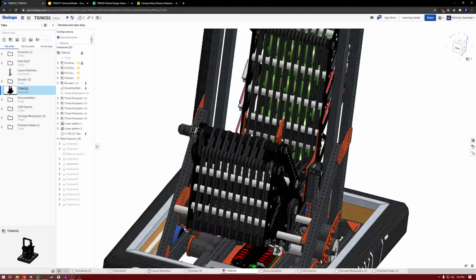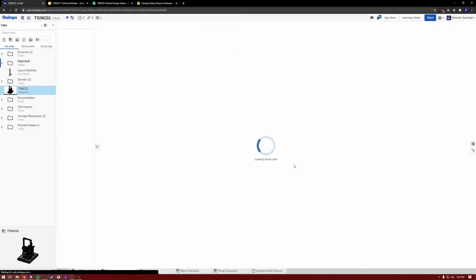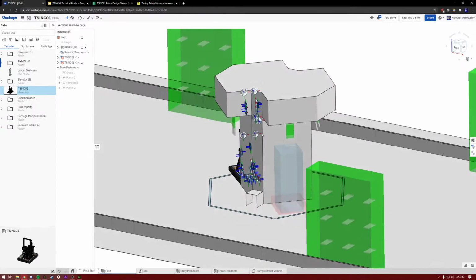This climb is based around the idea that the ring that you're hanging from, for context, do I have the field? Hopefully this won't take too long to upload. The ring that you hang from is actually on rope in this game.